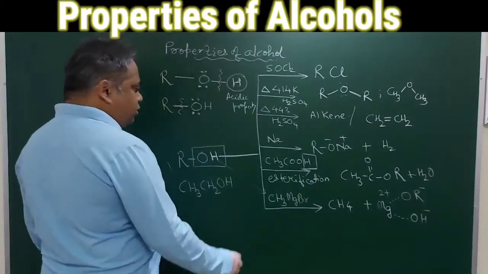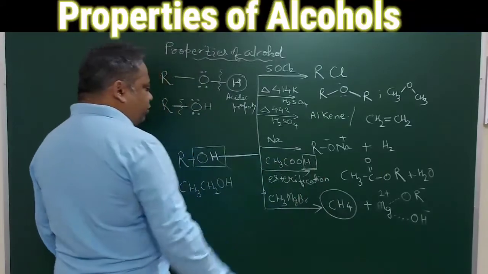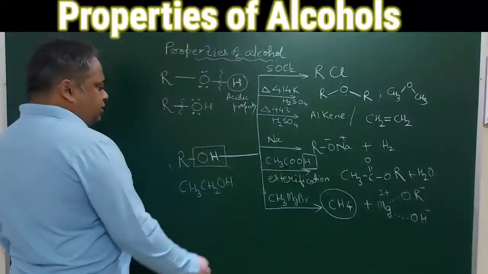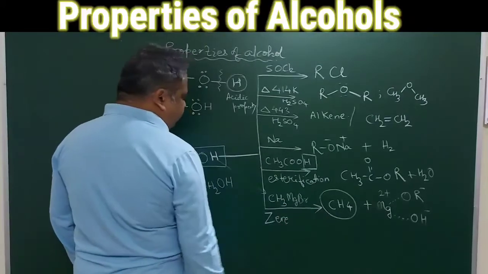So this reaction is also used for finding out the number of hydrogen atoms in the alcohols or the number of alcoholic groups. This type of reaction is used for Zerewitinoff's determination of hydrogen.